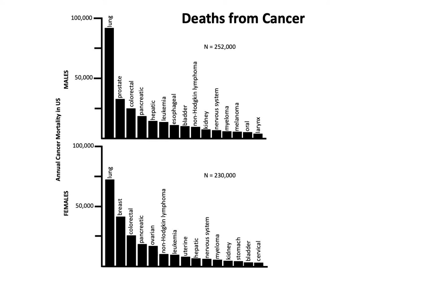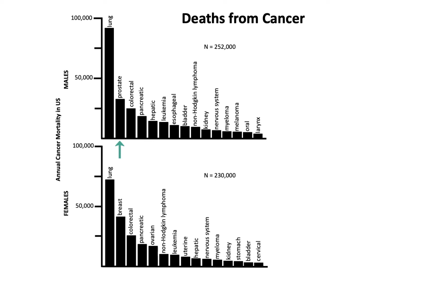These graphs show the mortality or death rates for those cancers in males on the top and females on the bottom. So you can see, even though breast cancer is the most prevalent cancer, it doesn't cause the most deaths. So in males, lung cancer causes the most deaths, and most of those are related to either smoking or working in environments such as coal mining, asbestos mining, where you have a lot of dust in the air, carcinogenic dust.